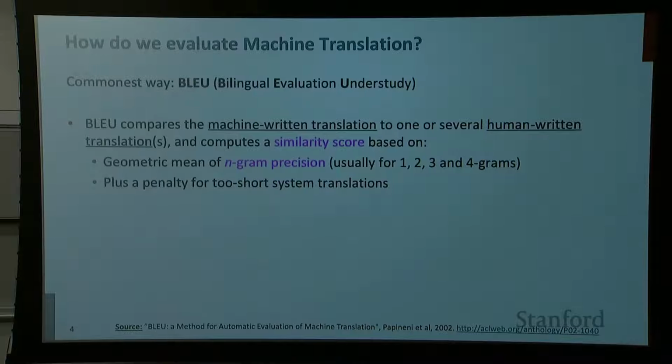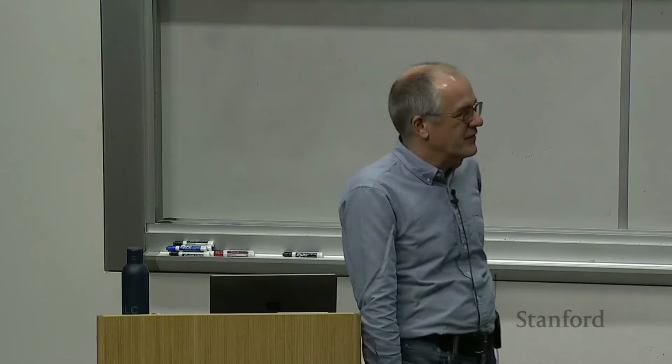But on the other hand, a lot of the time we'd like to iterate quickly on evaluations. We'd like to use evaluations in training loops and things like that. And the IBM people with the BLEU paper suggest, well, maybe we can come up with a halfway decent automatic method of doing translations. And the idea of what they proposed was this, that we're going to have one or more reference translations for a piece of text.